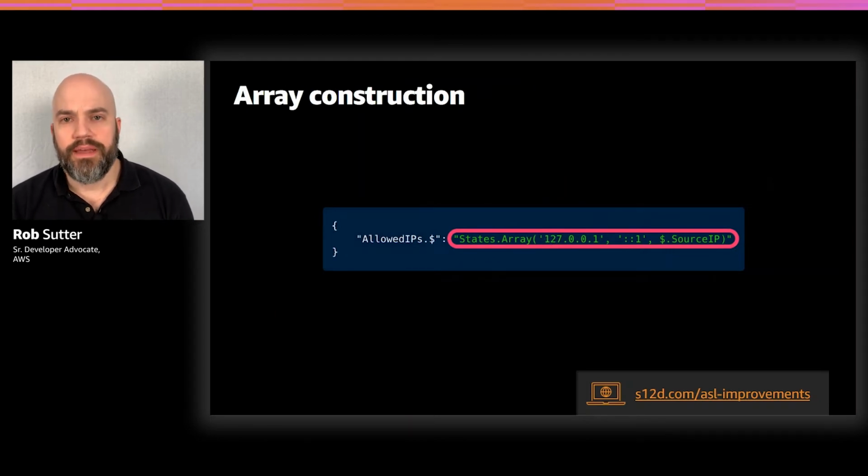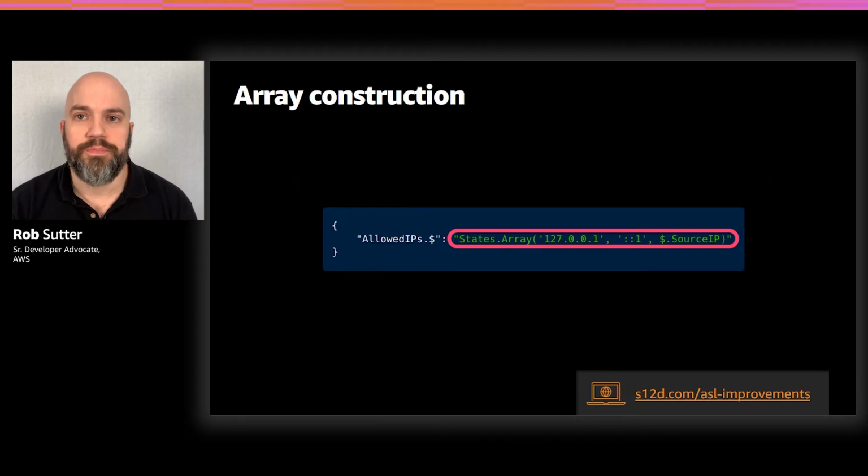The final improvement that was made to the Amazon States language is array construction. This is similar to string construction, but for when you have a number of items that you want to consolidate into an array. The example you see here on the slide builds a one-dimensional array from the IPv4 localhost, the IPv6 localhost, and the source IP that we defined in a previous step in our workflow.